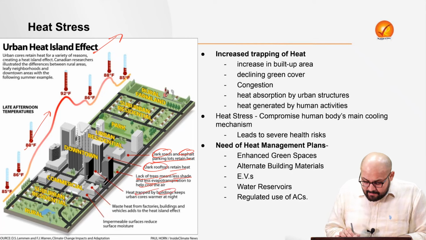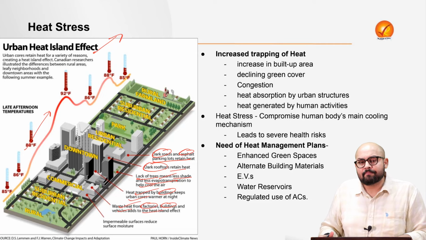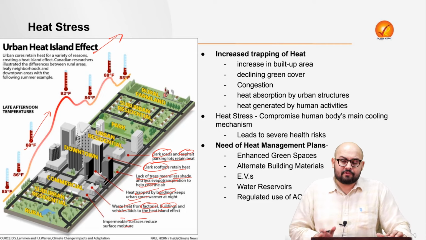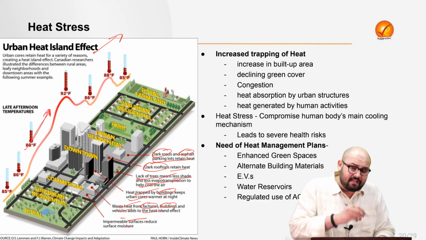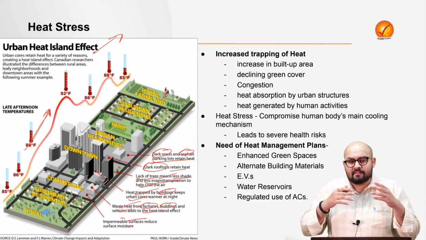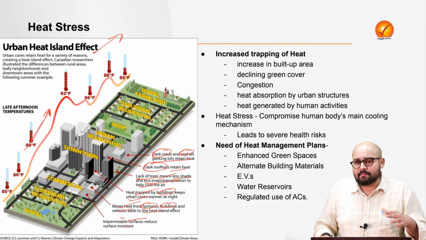Heat trapped by the buildings keeps the urban cores warmer at night. Then we have waste heat from factories, buildings, vehicles. This adds to the effect of heat. Then impermeable surfaces reduce the surface moisture. So this increase in the relative temperature of these concrete structures in the city gives the effect of the urban heat island.